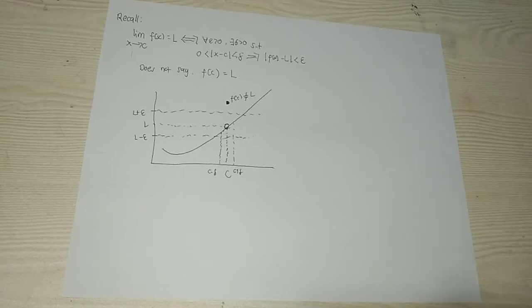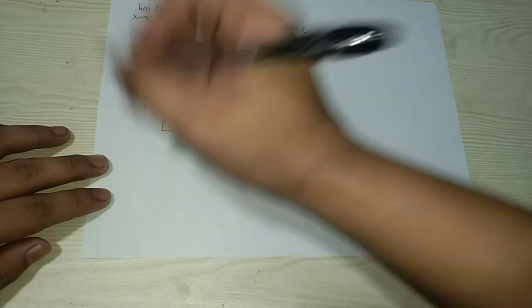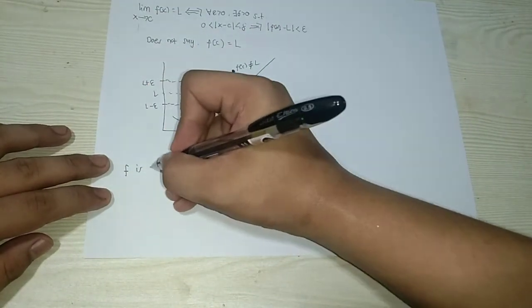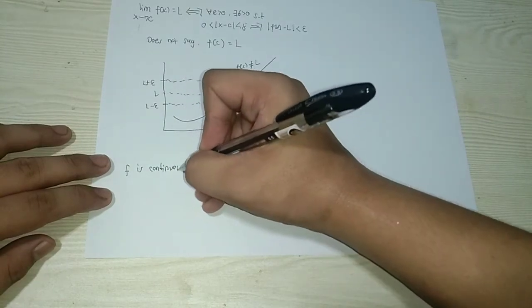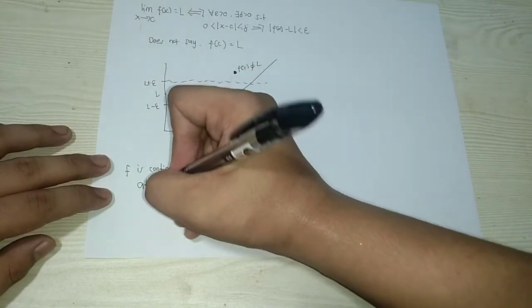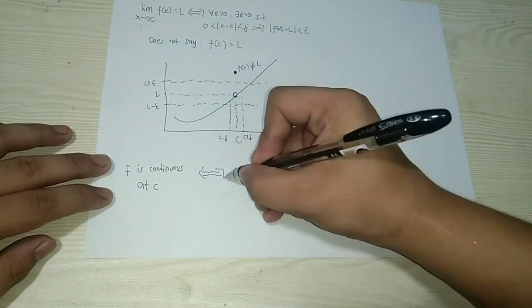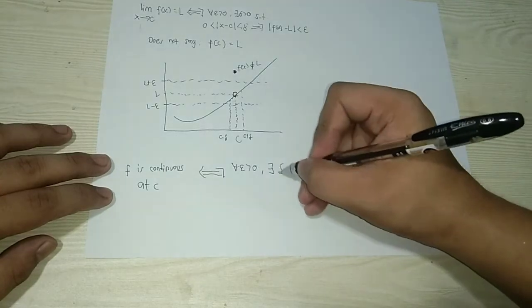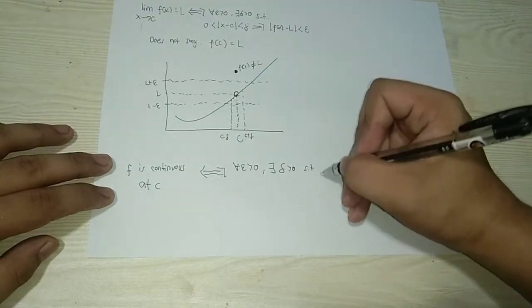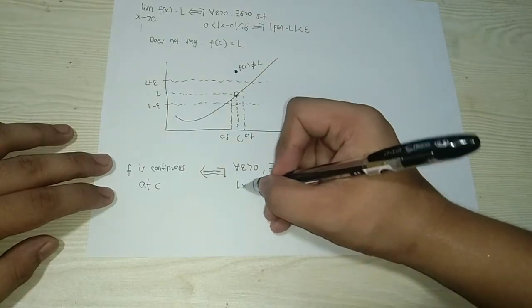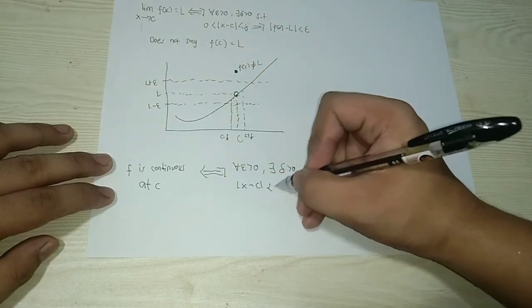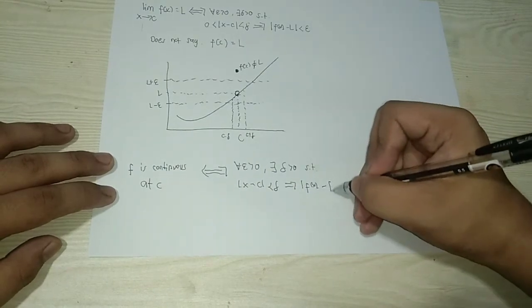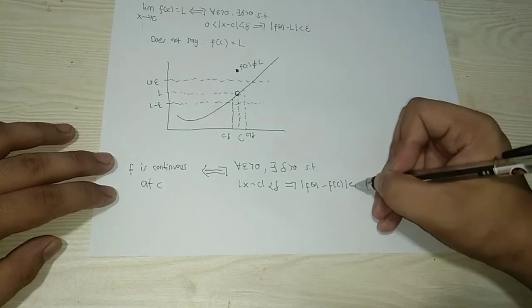Now, dun tayo sa definition ng continuous. I-recall natin yung continuous. F is continuous at C if and only if for any positive epsilon there must exist delta such that the distance between x minus c less than delta implies the distance between f of x minus f of c is less than epsilon.